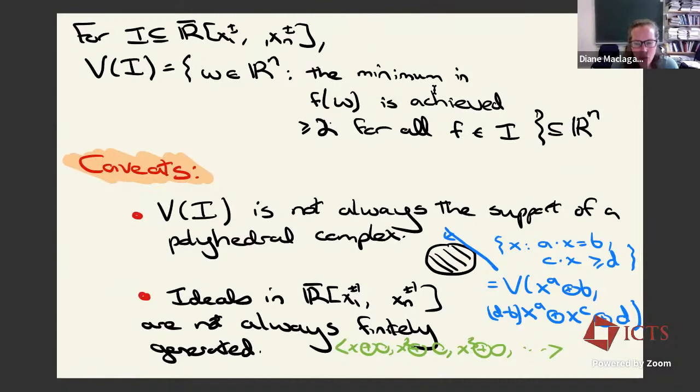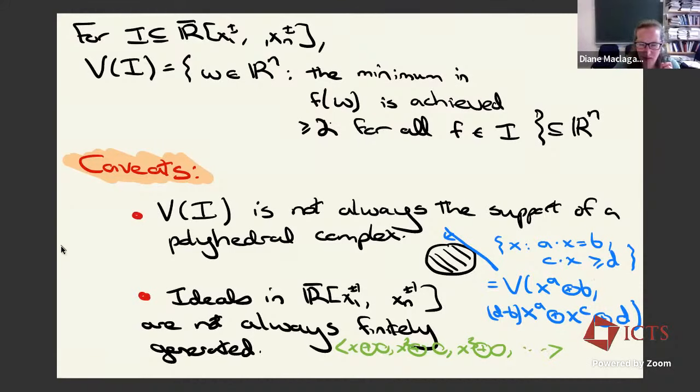The first problem is that the variety of I is not always the support of a polyhedral complex. Once you see enough talks in tropical geometry, you know that if you're on this embedded side of tropical geometry, where we're tropicalizing subvarieties, you always see polyhedral complexes. But this does not always happen in this world.